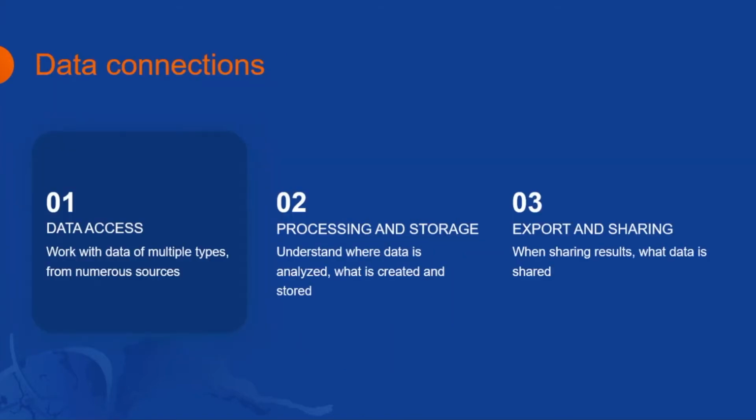These data connections we talk about are how we access our data. There are multiple types and numerous sources. We can bring those data sources in and process and access them, as well as store them within our Insights workbook. We then have the ability to export and share those results as well as the data with others.